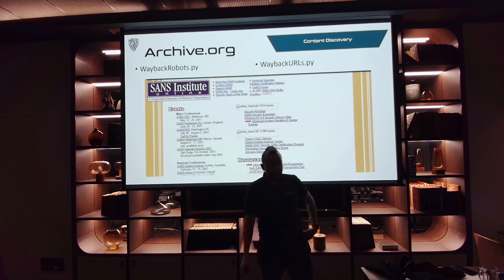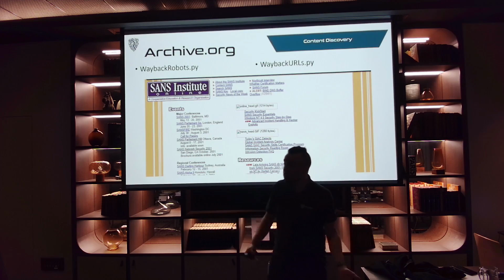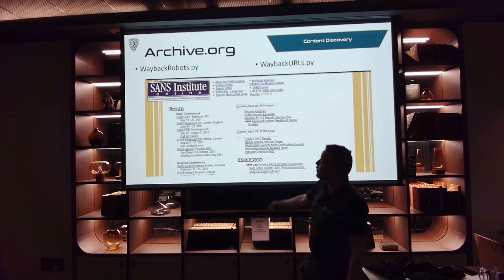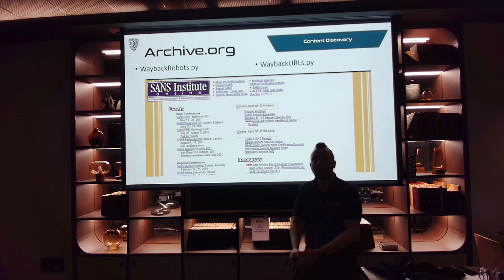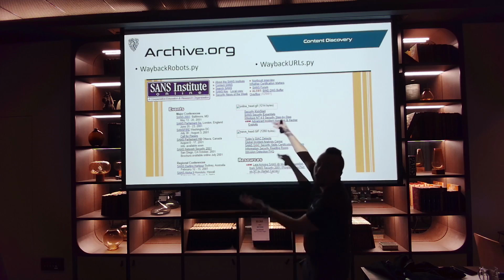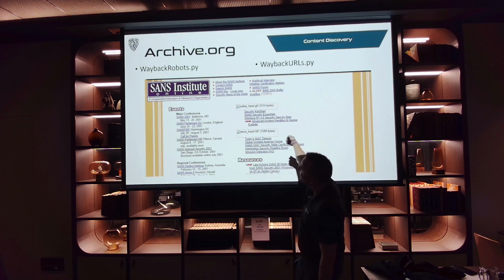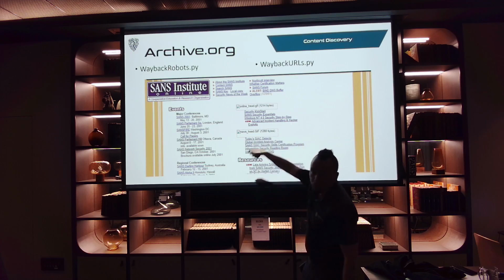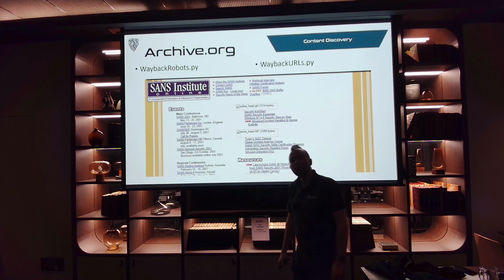There are also other cool things we can do during content discovery. Before we move into fuzzing, I want to give a shout out to some things we could do. We could go to archive.org and look at their archive of the internet and look at what a website looked like in the old days. Here we are looking at the sans.org website back in 2001. Why would we do this?